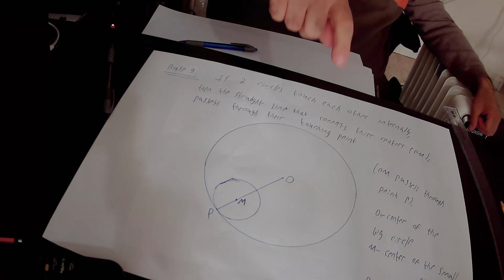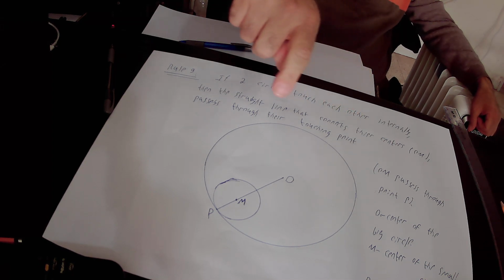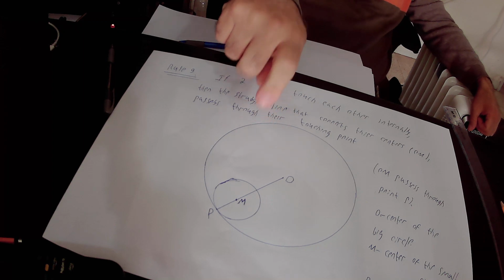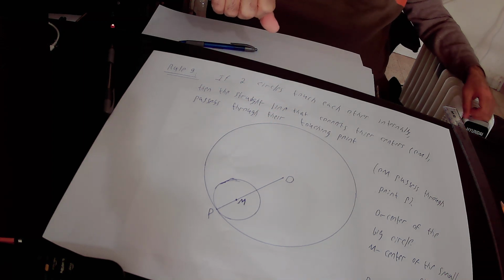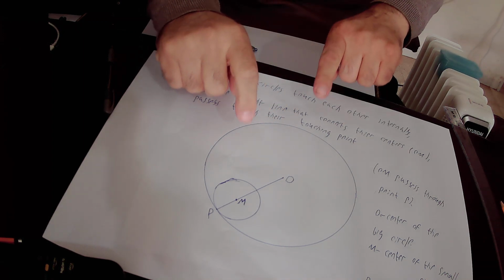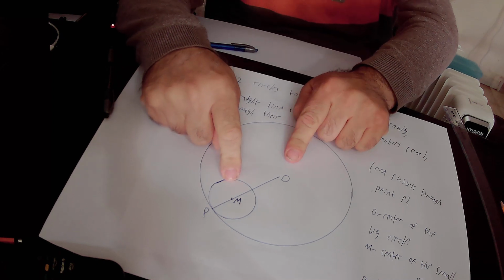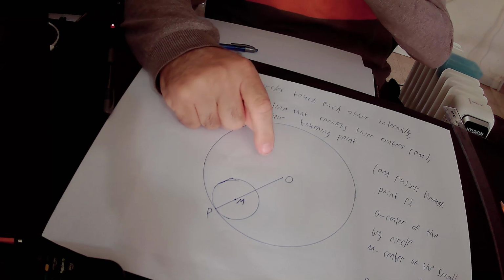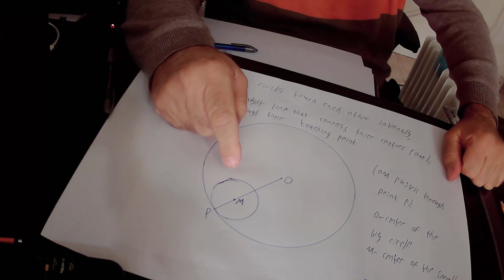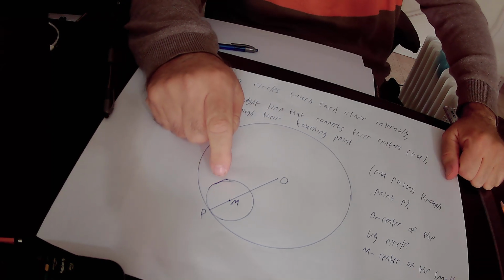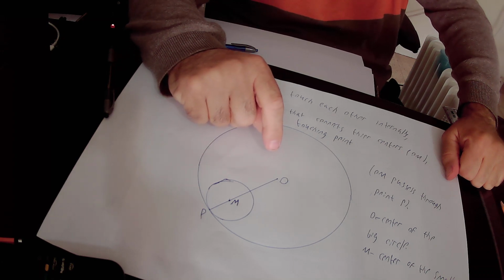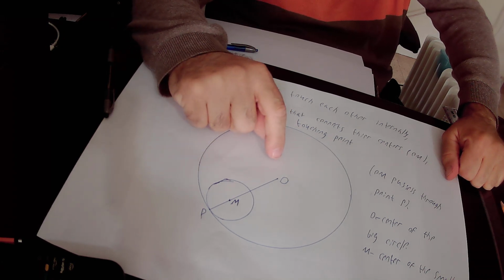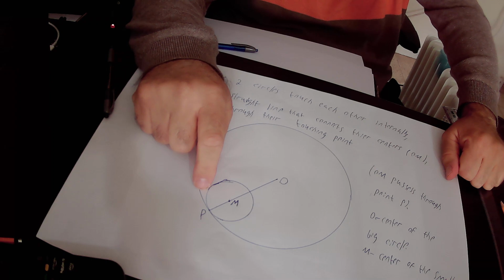So here point O is the center of the big circle and point M is the center of the small circle. The straight line that connects their centers together is the straight line OM. According to this rule, the straight line OM must pass through point P, that is their touching point. Or in other words, OMP is one straight line. Again, OMP is one straight line.